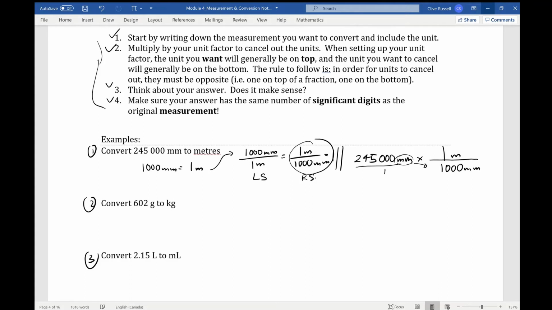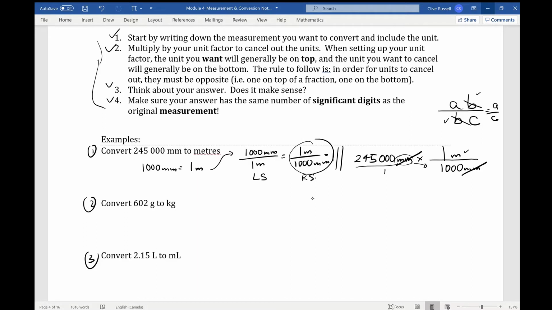Now keep in mind, just look at this for a while. If I have A times B over B times C, notice there's a B in the numerator, B in the denominator, so I could cancel them out, and I end up with A over C. So likewise, I could cancel this millimeter with that millimeter there, and I'm left with meters.